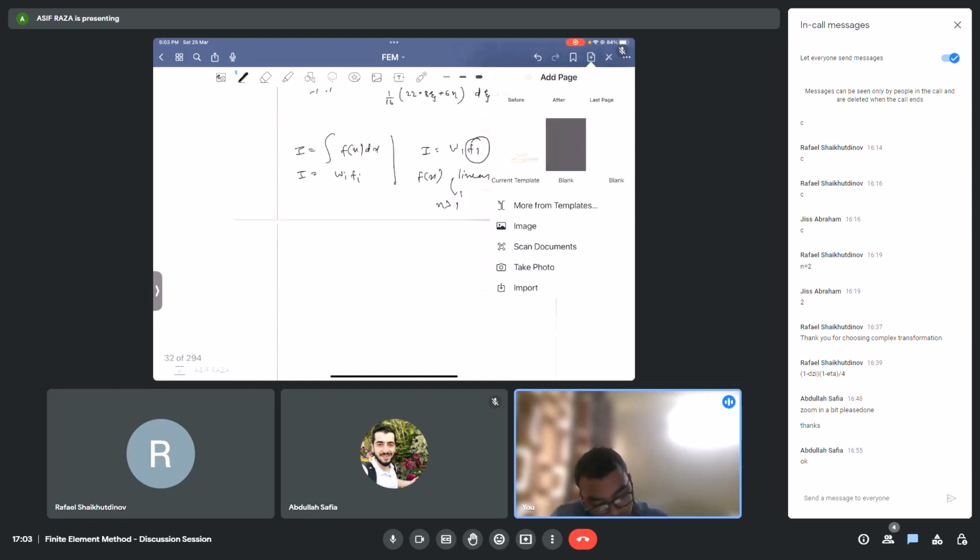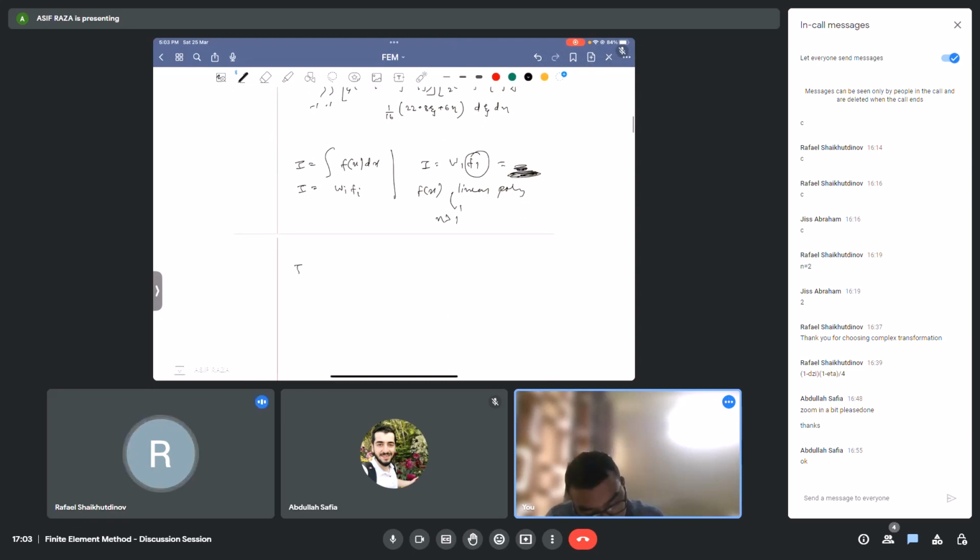Similarly, if we consider our integration points as 2, like w1 f1 plus w2 f2, this can give me the exact value of the integral of f(x) dx when my f(x) is a cubic polynomial at most.